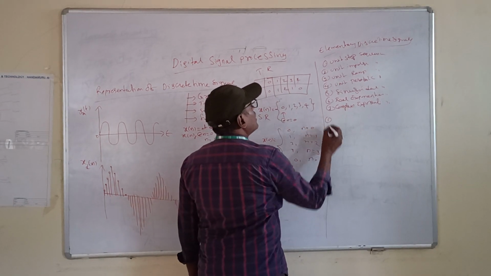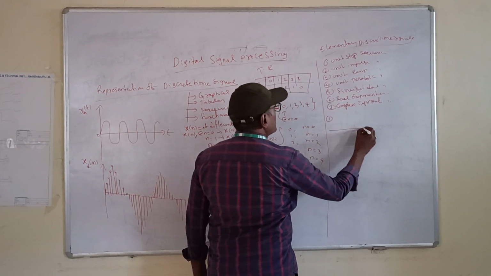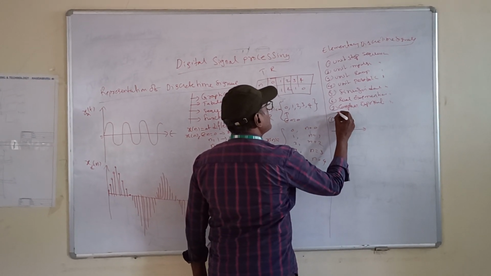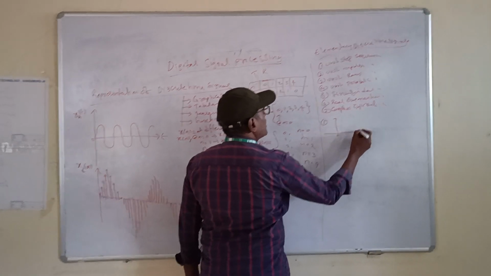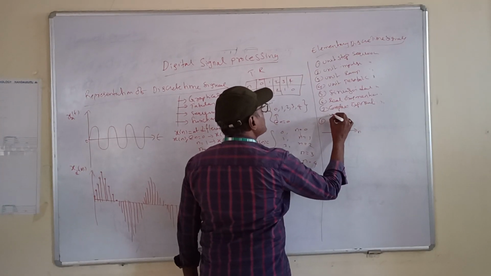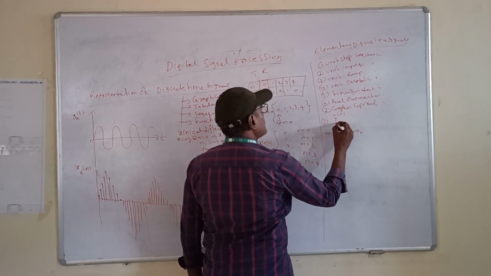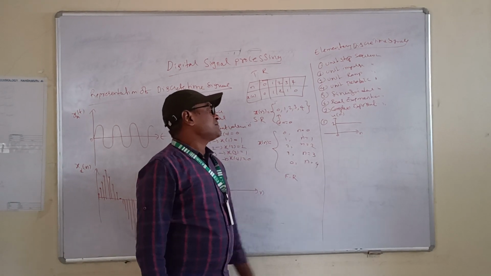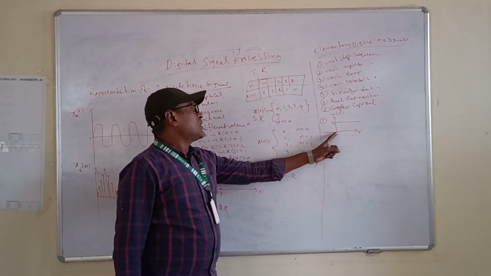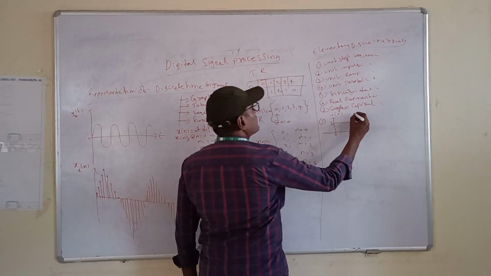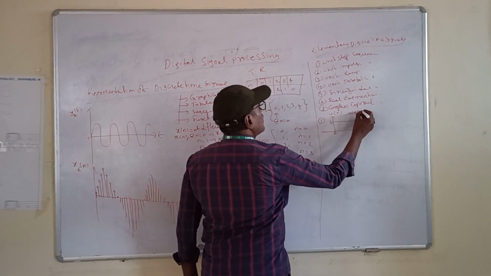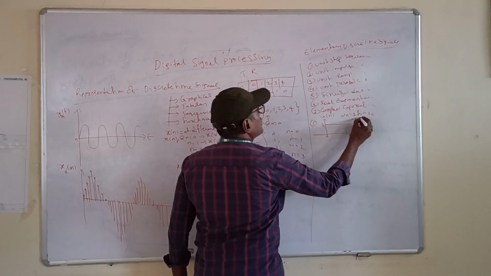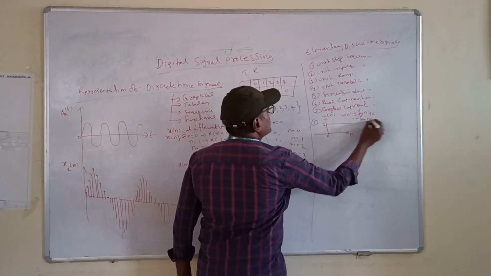Coming to the first sequence, unit step sequence. The unit step sequence can occur from 0 to infinity, represented as u of n, and the value becomes 1 from 0 to plus infinity, and the value becomes 0 for n less than 0. That is, u of n equal to 1 for n greater than or equal to 0, and 0 for n less than 0.